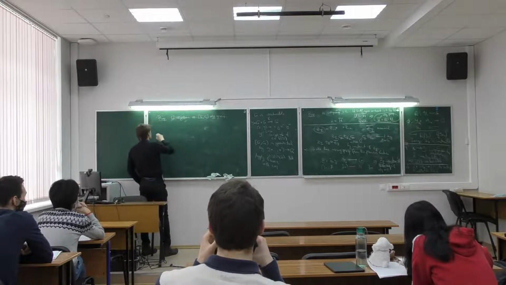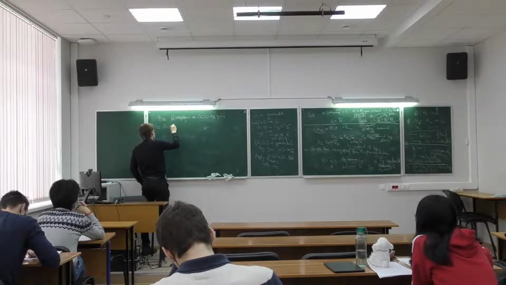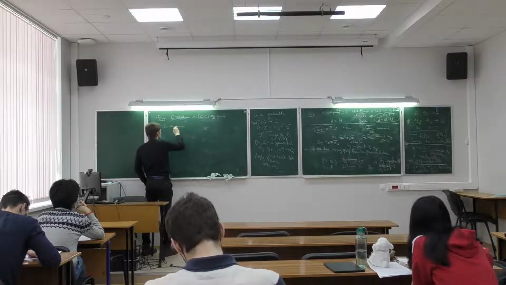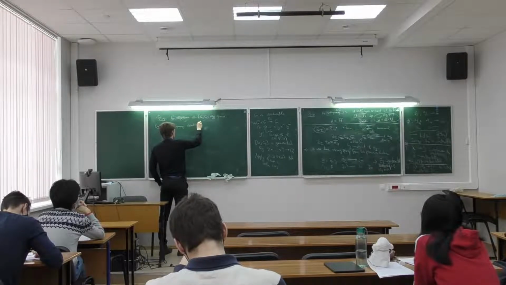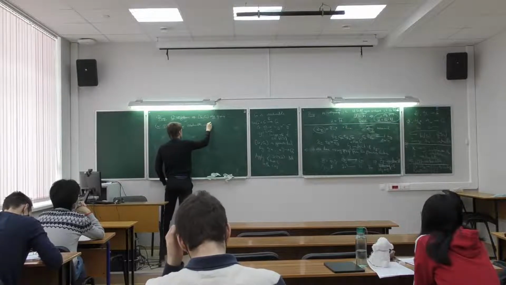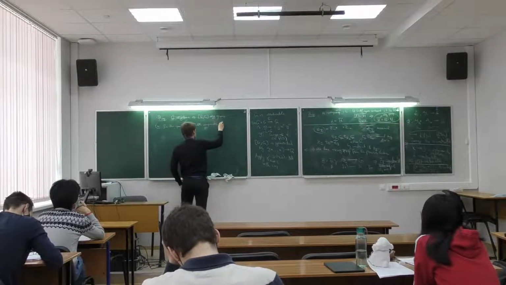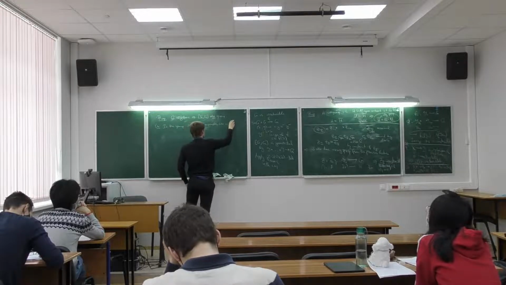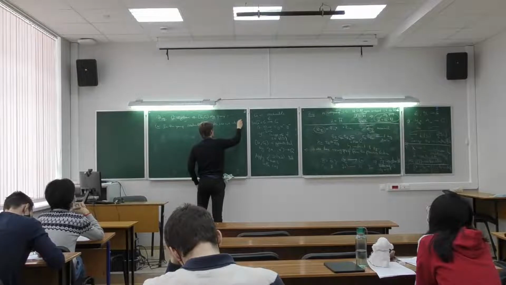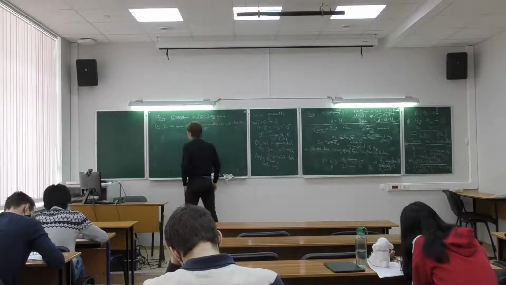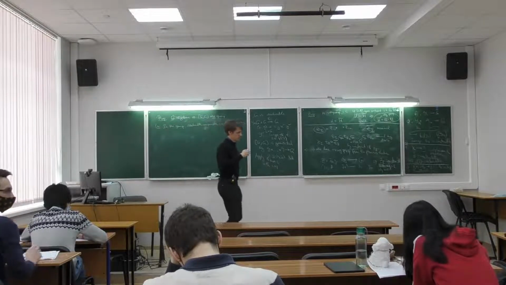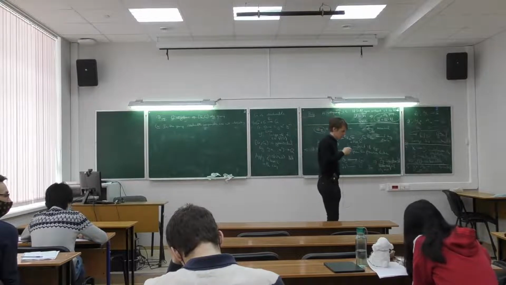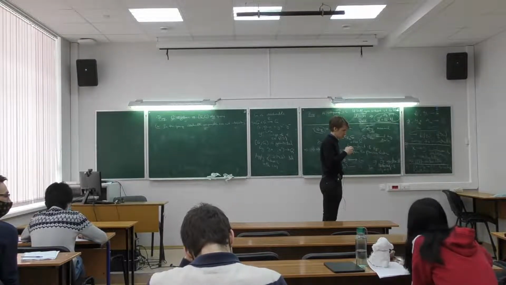So, an exercise: in the group, irreducible components are not intersecting. Is it right that an algebraic group may be a non-smooth, a singular algebraic variety?